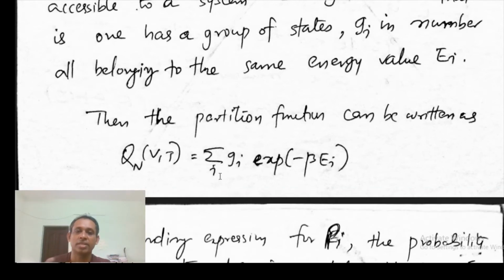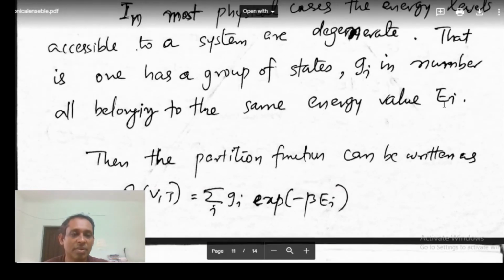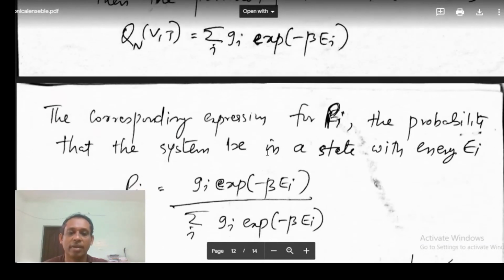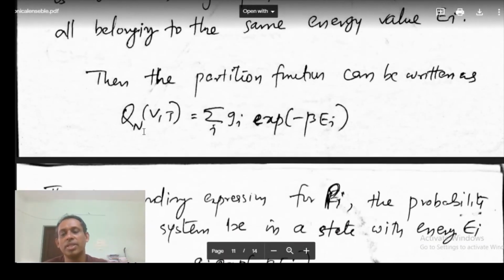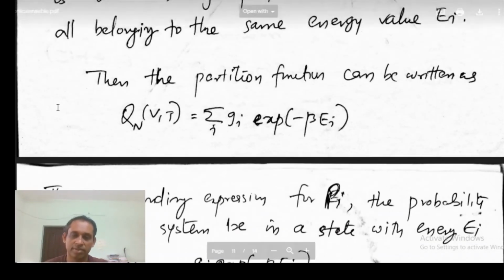Earlier, as we were calculating the partition function, we were summing over the different states, but here we are summing over the different energy levels possible for the system, because we have this g_i factor, which is the total number of states having the same energy value E_i. So this will be the partition function.